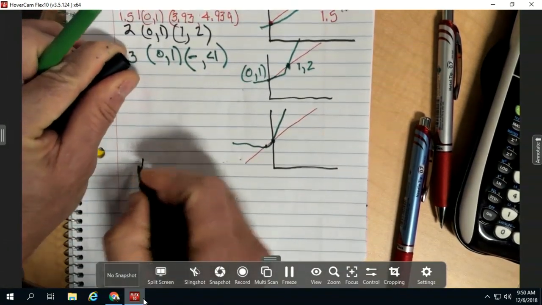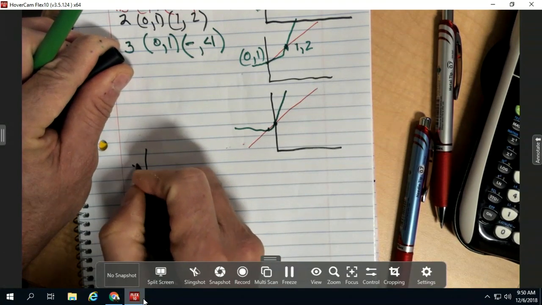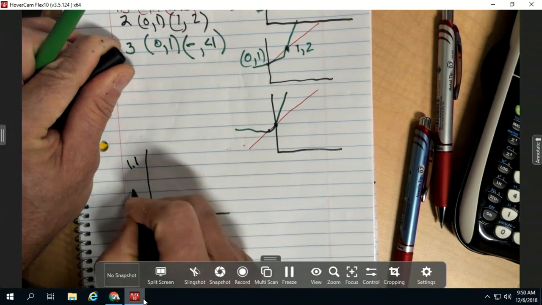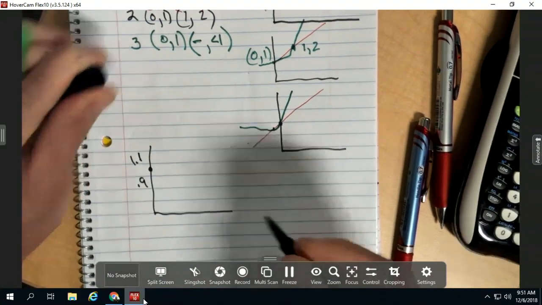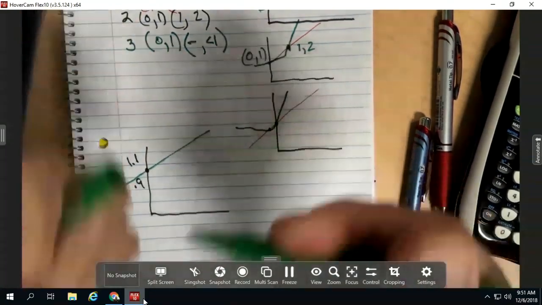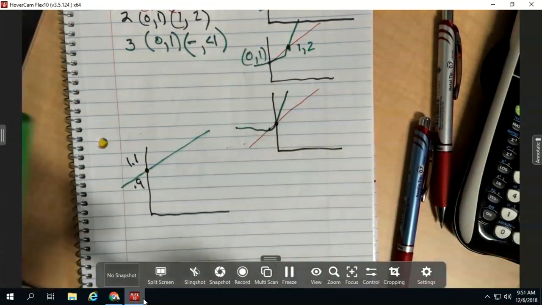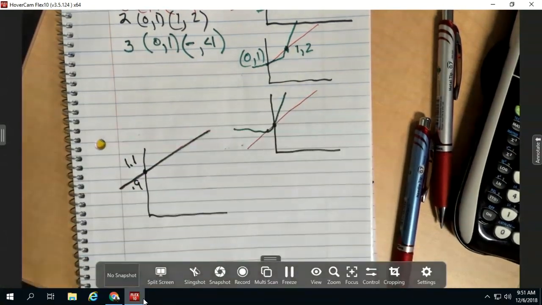If we zoom in so that we go from, say, 1.1 to 0.9, we're going to cross between those two, but our green line, the curve, and our red line, the straight line, are going to essentially be the exact same value.